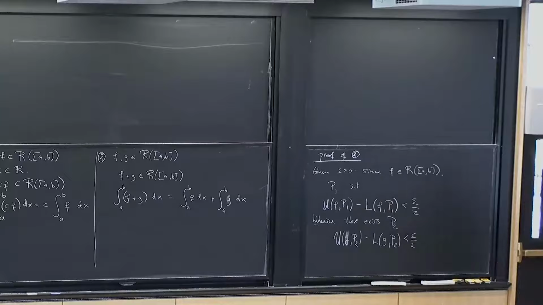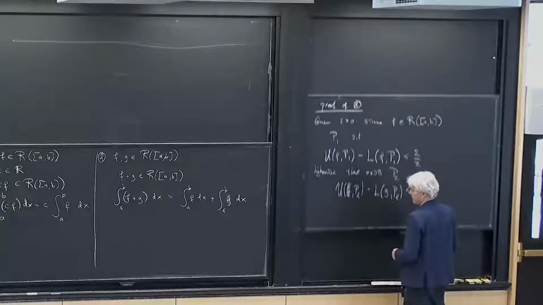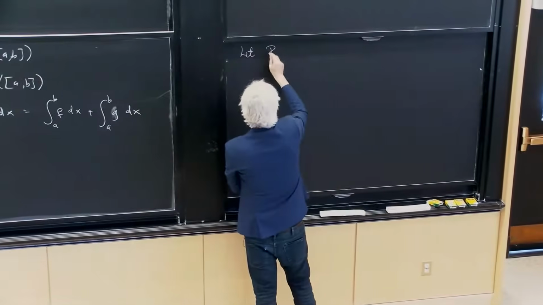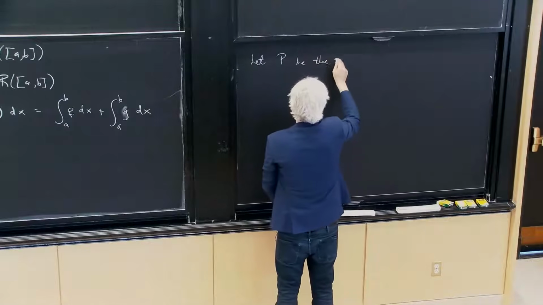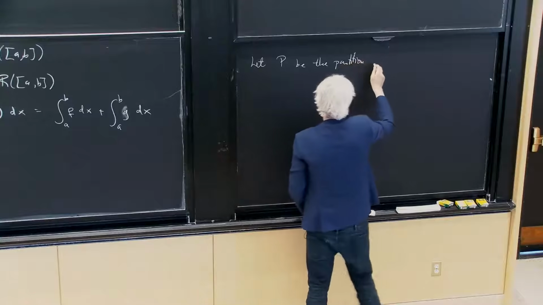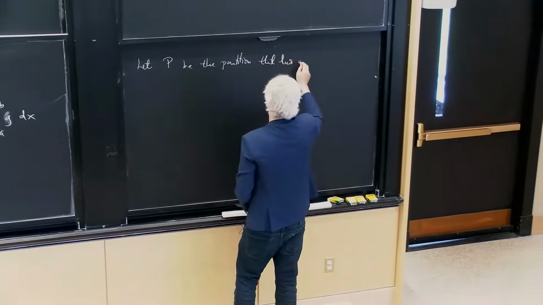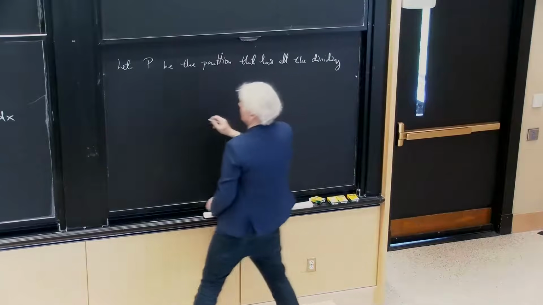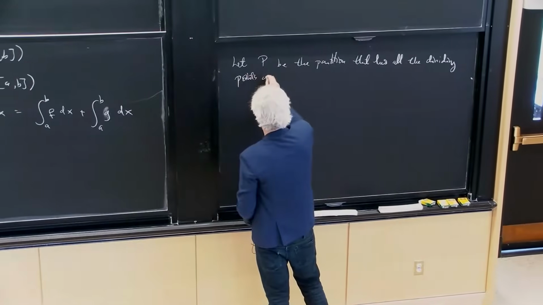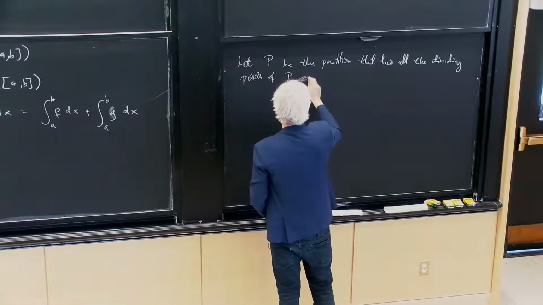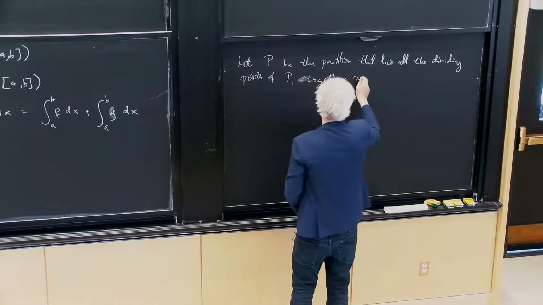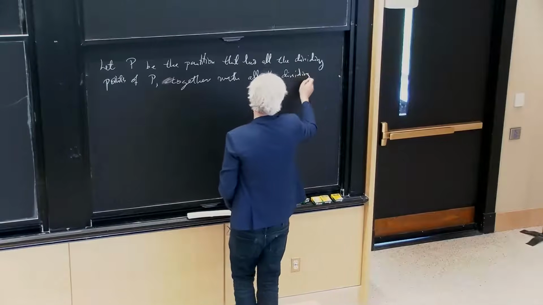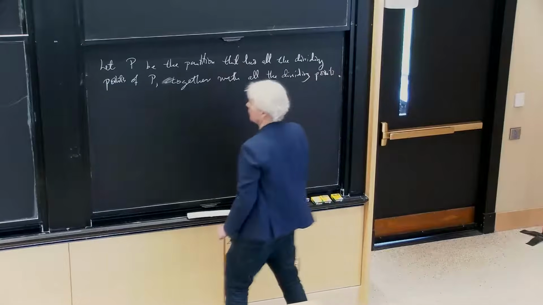Right? Now let P be the partition that has all the dividing points of P1 together with all the dividing points of P2, right?